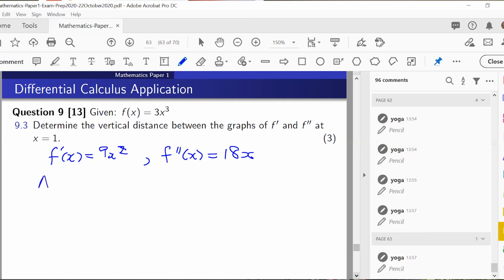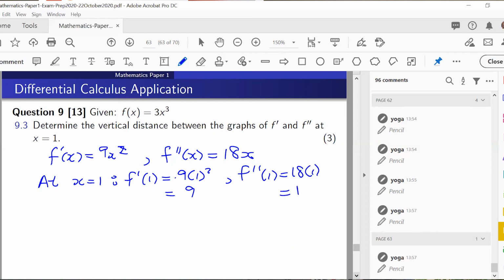Now at x equal to 1, the derivative is 9 times 1 squared, which is 9, and the second derivative is 18 multiplied by 1, which is 18.